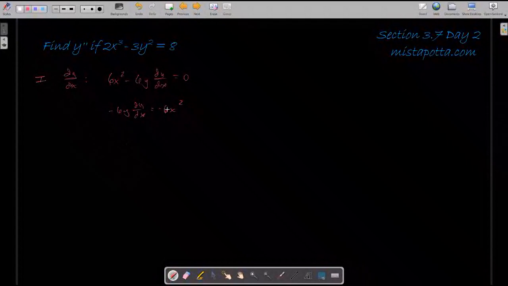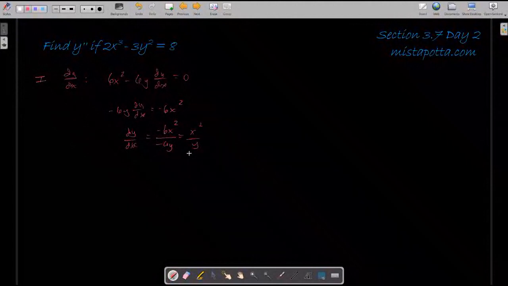And then I'm going to divide both sides by negative 6y. So I've got dy dx is equal to negative 6x squared over negative 6y. Or really just x squared over y.